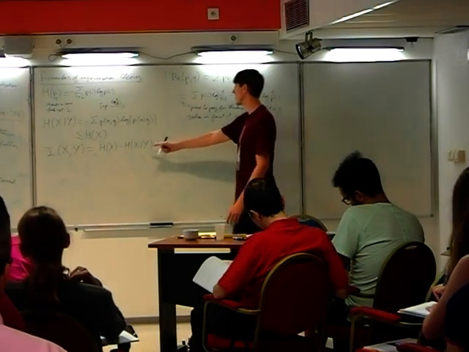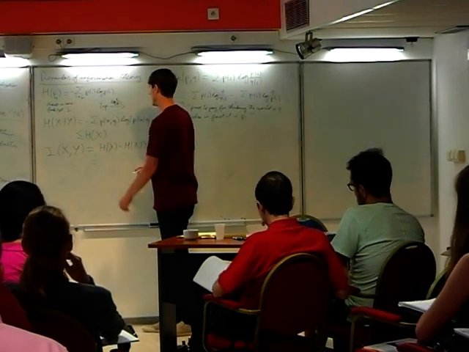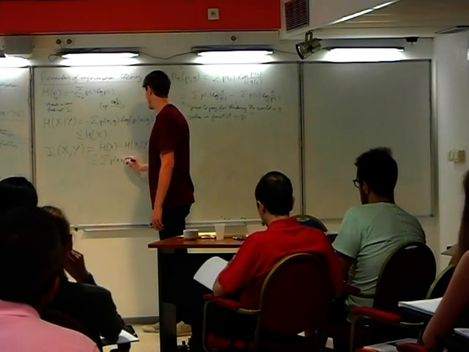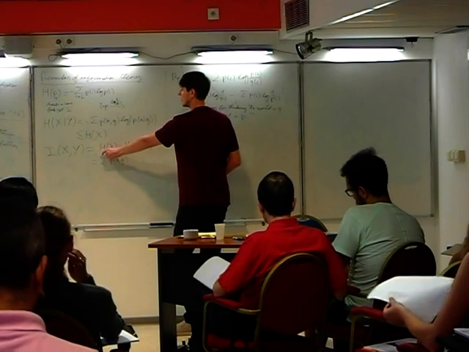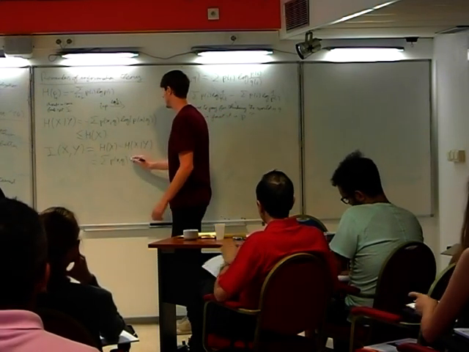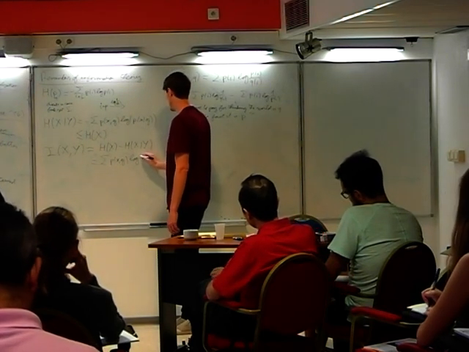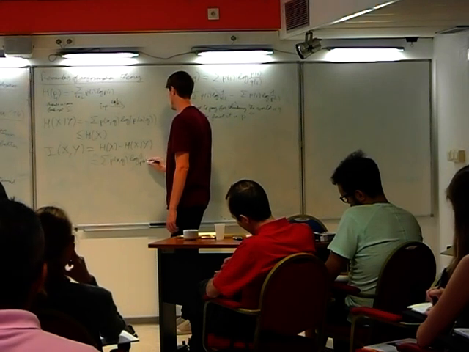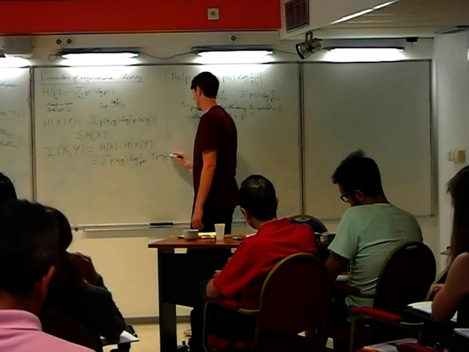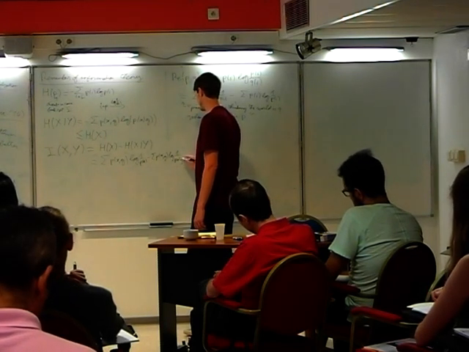So now let's do some calculation here. I can sum over all P of x, y, and then for the entropy of x, I get log 1 over P of x, minus the sum of P of x,y log 1 over P of x given y.